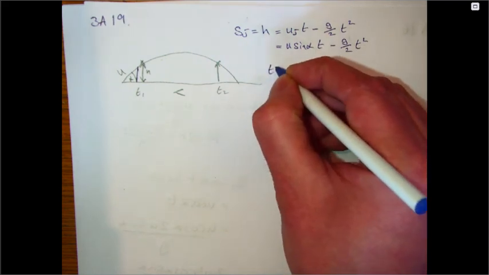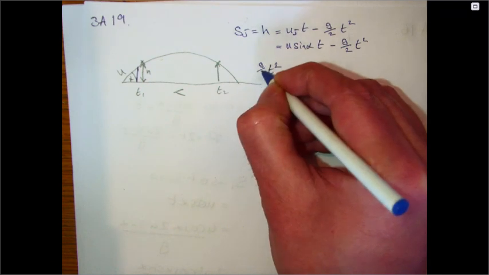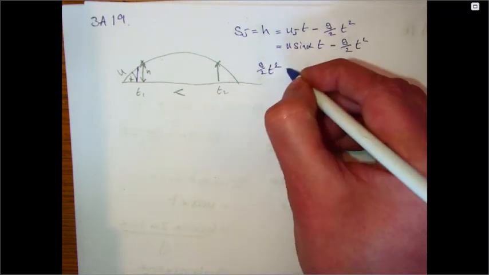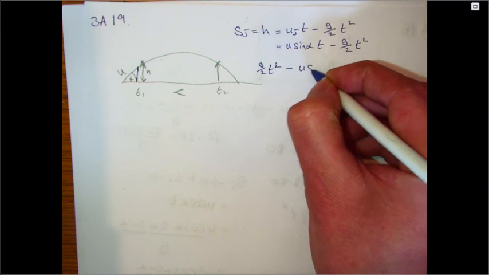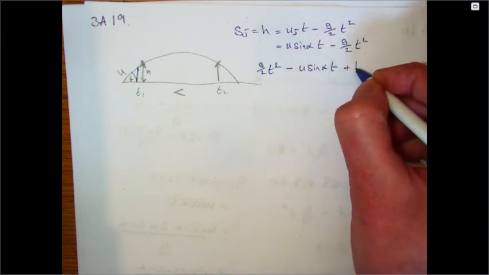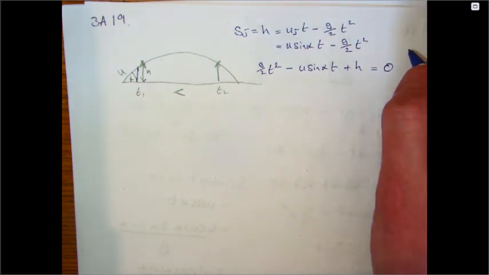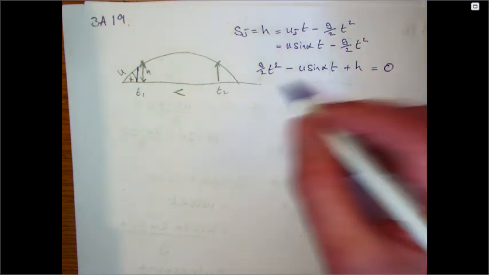We get g over 2 times t squared, minus u sine alpha times t, plus h, and that's all equal to 0. So you should know how to solve quadratics, even though most of the quadratics you've met haven't been this.